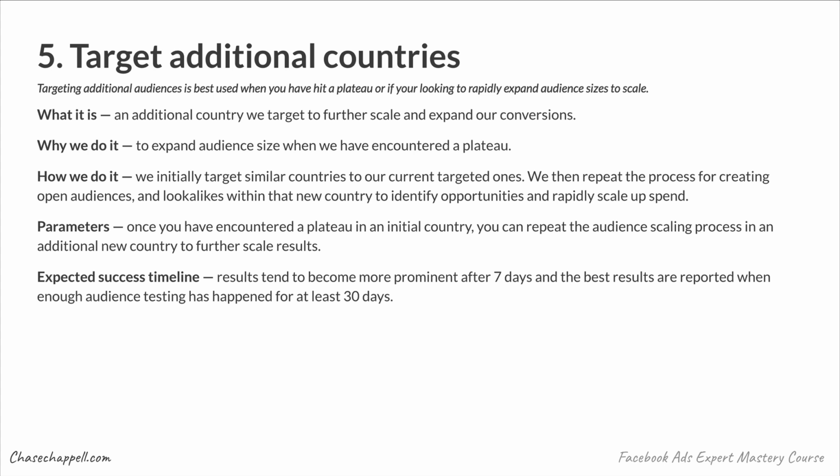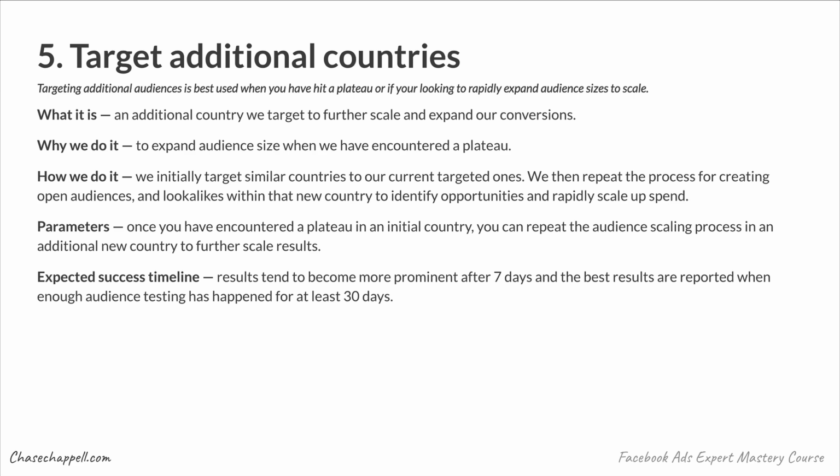And that's really going to help you scale. And the parameters are, once you have encountered a plateau in an initial country, you can repeat the audience scaling process in an additional new country to further scale results. And the expected success timeline for this is results tend to become more prominent after 7 days of testing. And the best results are reported when enough audience testing has happened for at least 30 days.